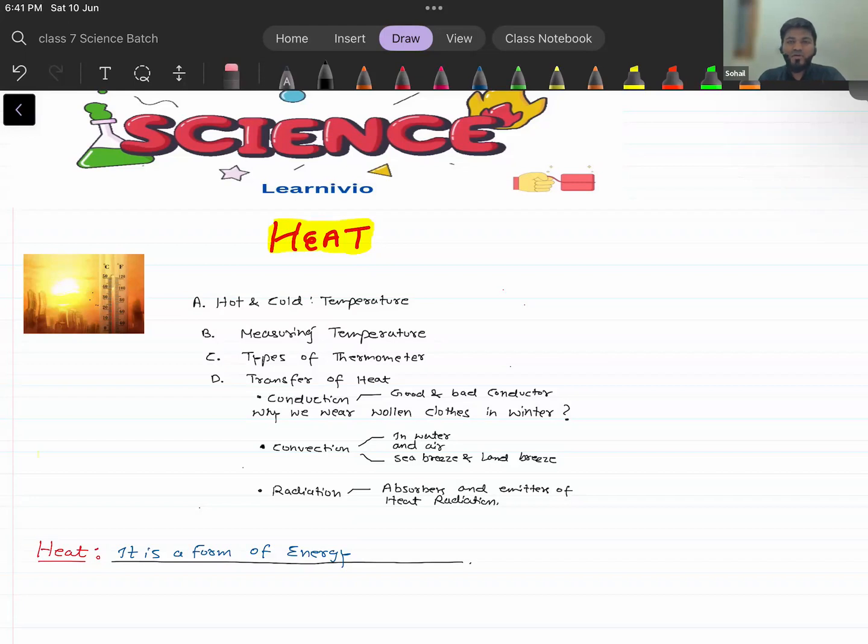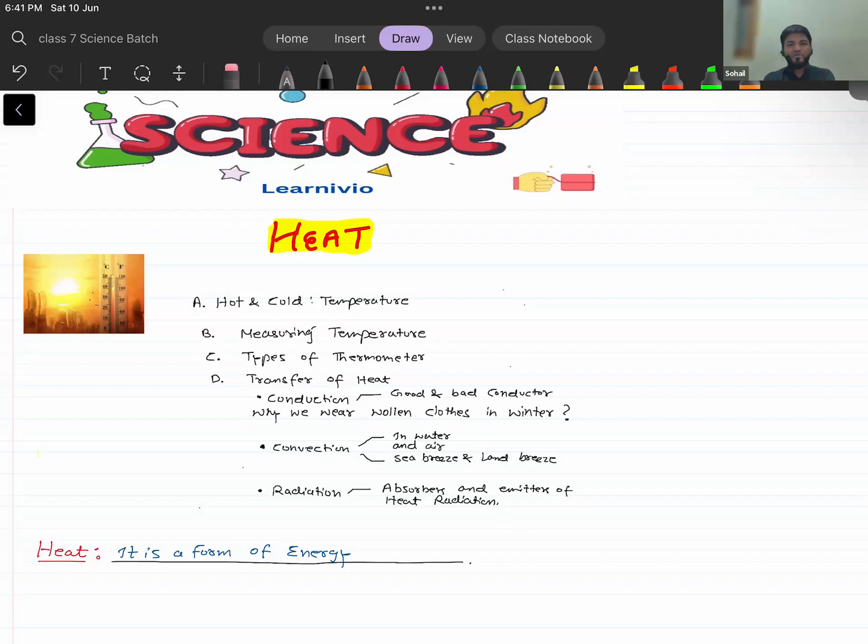What is the range of a clinical thermometer? 35 degrees Celsius to 42 degrees Celsius. Yes, that is the range of the clinical thermometer.